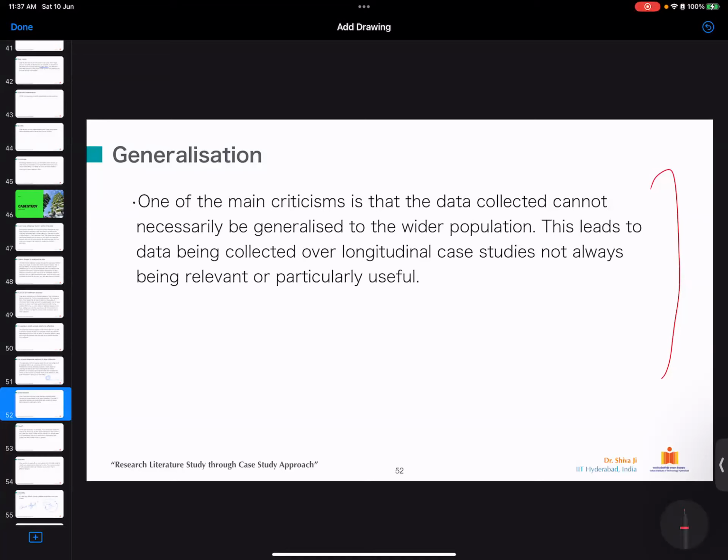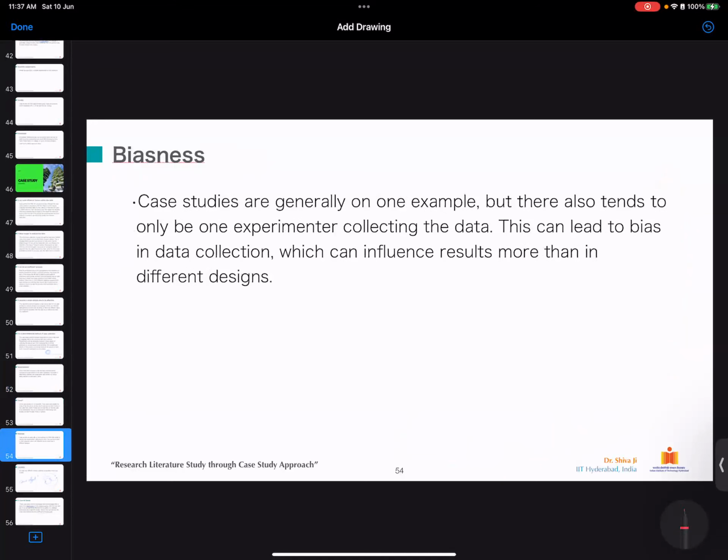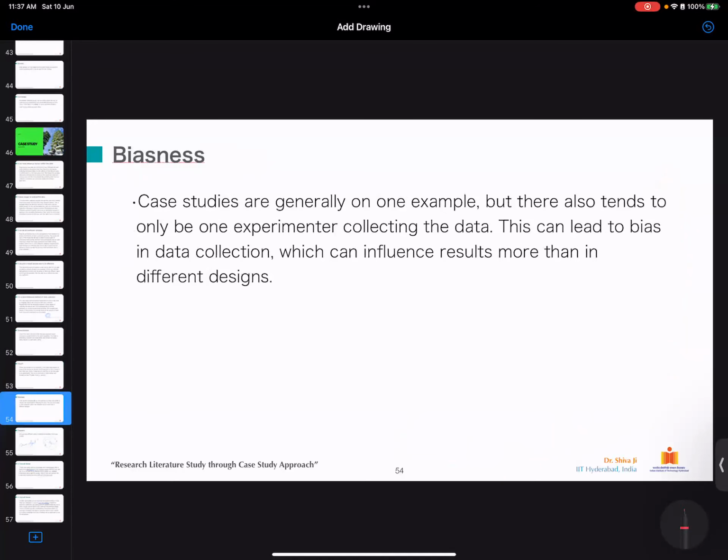It is also possible that generalization cannot be drawn through case study methods. Sometimes that can be a limitation. Bias, we discussed, there may be bias. For example, for any particular architect's building, or the set of buildings, they come within a similar kind of design principles and philosophies.